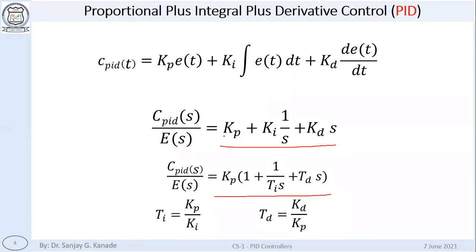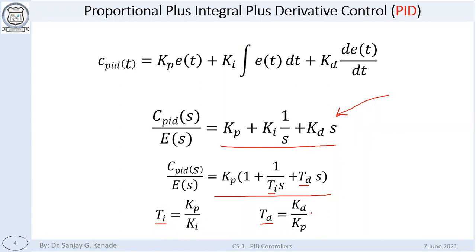Here Kp, Ki, Kd are called the PID constants, and when you write them in this form, Kp, Ti, Td, Ti stands for integral time and Td stands for derivative time. So you can just think of the units as integral time and derivative time.